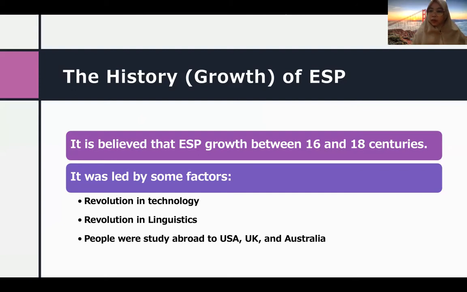This revolution of technology led to a revolution in linguistics, since the massive technological revolution in Europe at that time forced people from outside of Europe to come to Europe, and besides working, they also studied there. So they came to the USA, UK, and Australia.